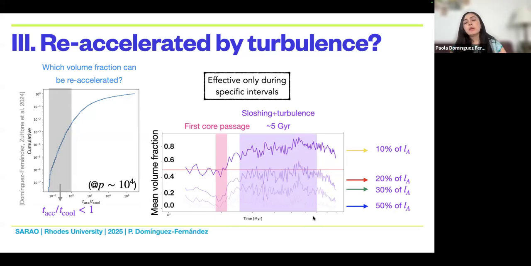Now, finally, I just want to say that this is a particular mechanism that we looked at, but again, there are a lot of specifics within the model that we don't know in reality, because we cannot observe this type of plasma in any experiment here on Earth.